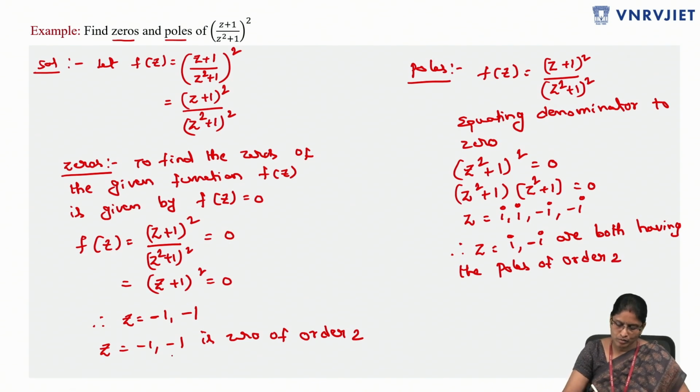So, zeros, z is equal to minus 1 and minus 1, 0 of order 2 here we get, and poles z is equal to i and minus i. Both are having the poles of order 2.